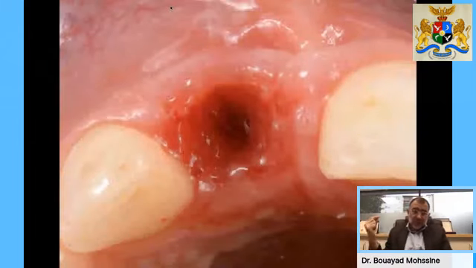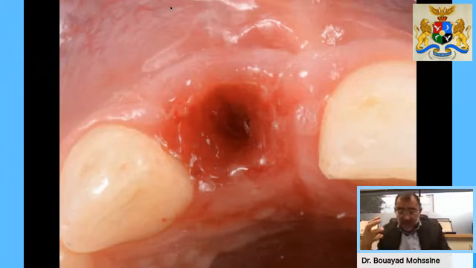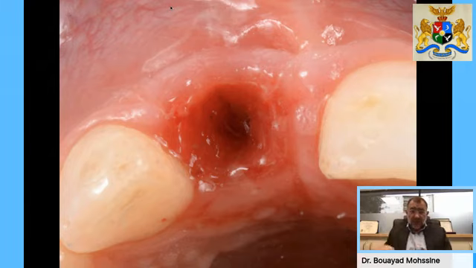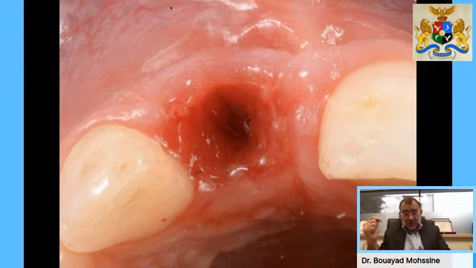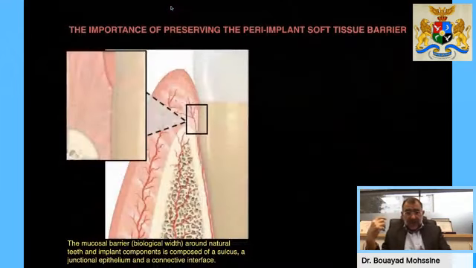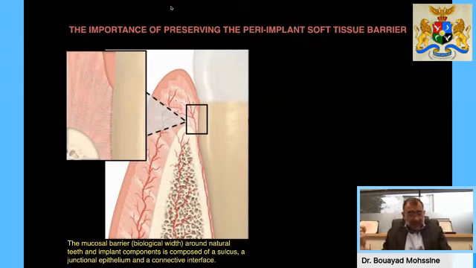That's why in this picture you can easily see the formation of circular fibers around the implant, in order to have a good healing of the soft tissue around this implant. You have to preserve the peri-implant soft tissue barrier.